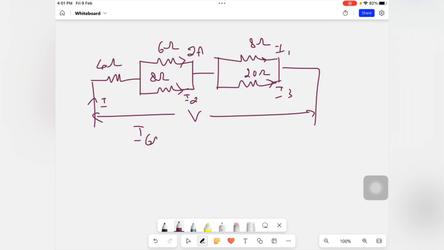We have to determine all the branch currents and also the voltage in the circuit.